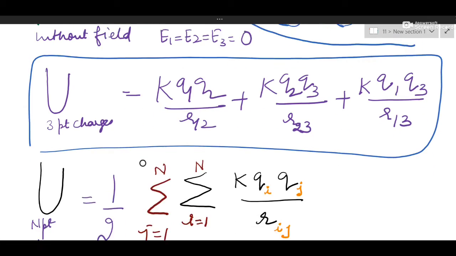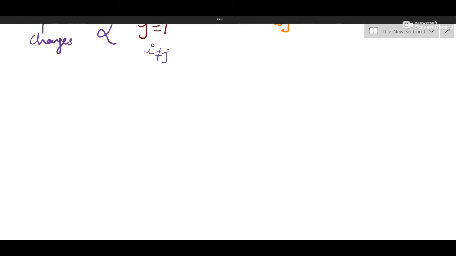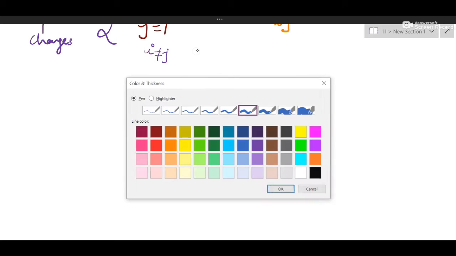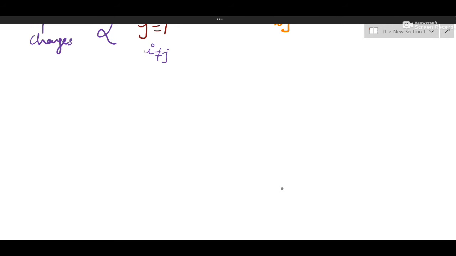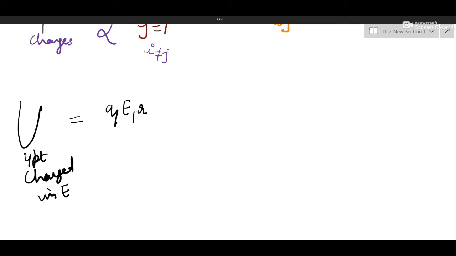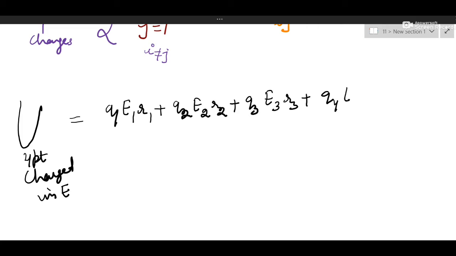Now you can produce for any N charges also, 4 charges also, 5 charges also. So let us try to write down electrostatic potential energy of 4-point charges, right? First we will write for in field, and then we will write for without field. So see, first charge will interact with the field at A, and second charge will interact with field at B, and third will interact with field at C, and fourth will interact with field at D. So this is easy.